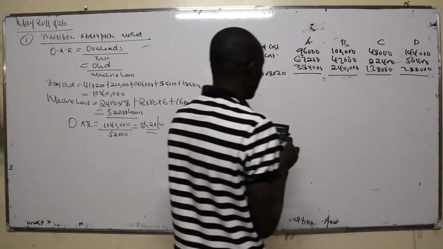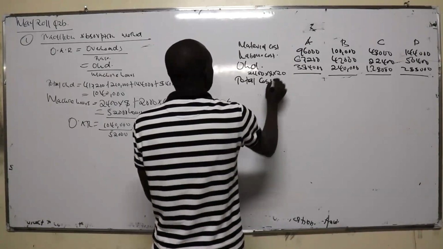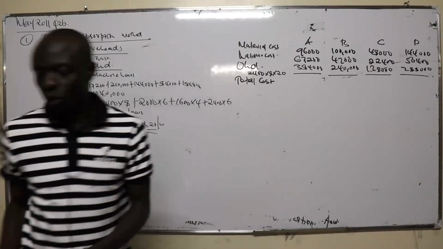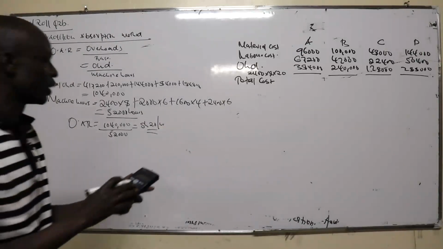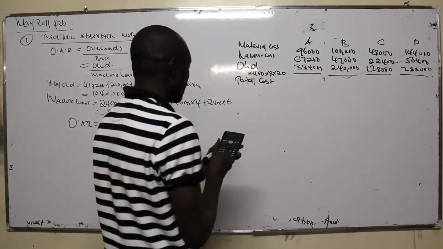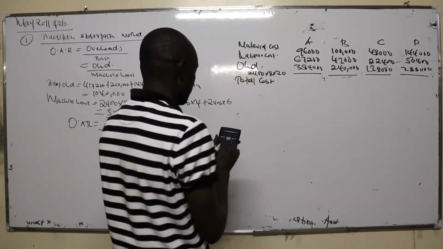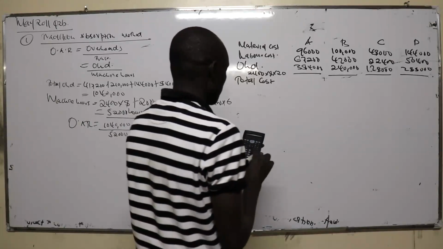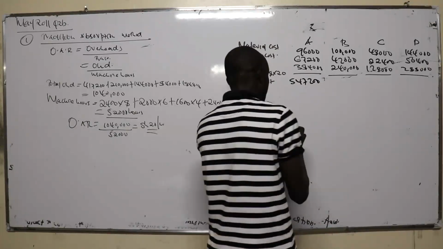And then you're going to add them downward. You're going to add them to get the total cost. So you're going to get the total cost for product A. Product A, this is going to be 96,000 plus 67,200. So this one is 547,200.